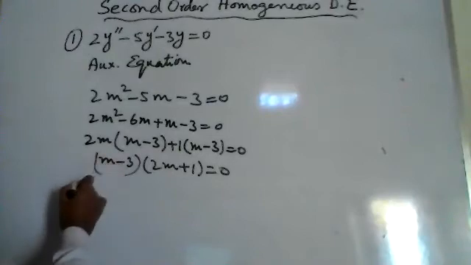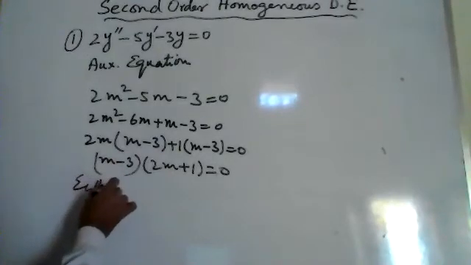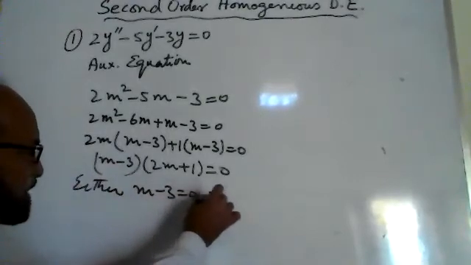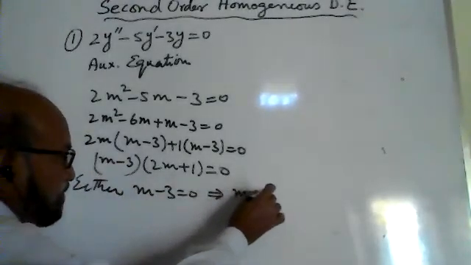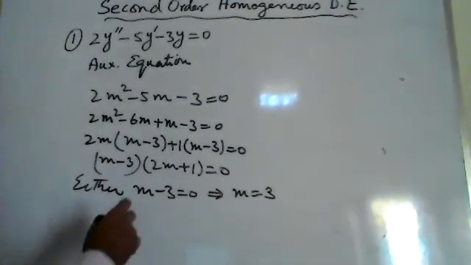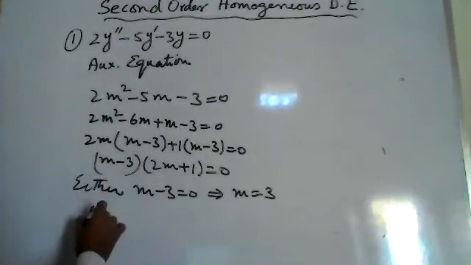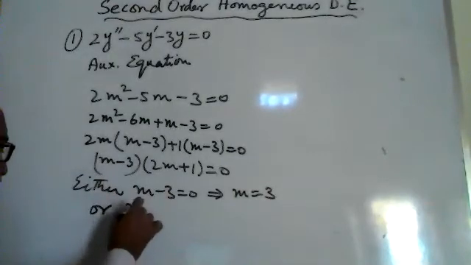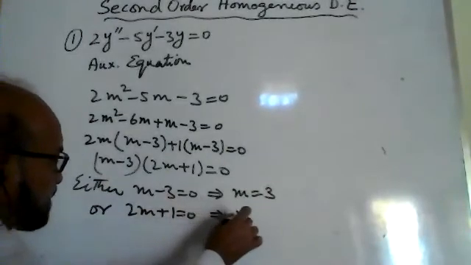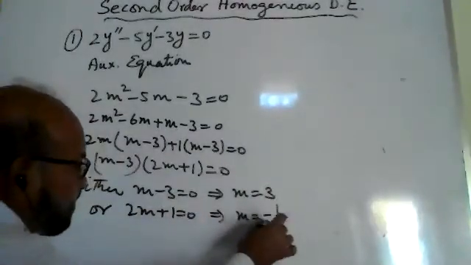So first we take either m minus 3 equal to 0, so m is equal to 3, or 2m plus 1 equal to 0, m is equal to minus 1 upon 2.